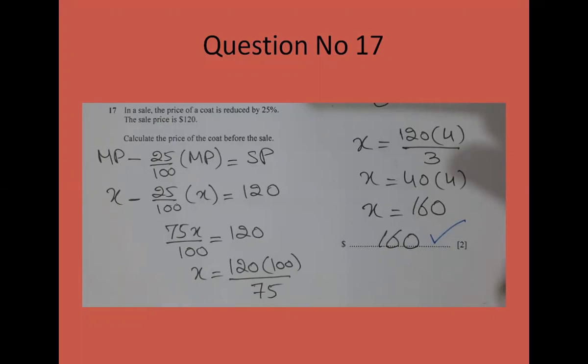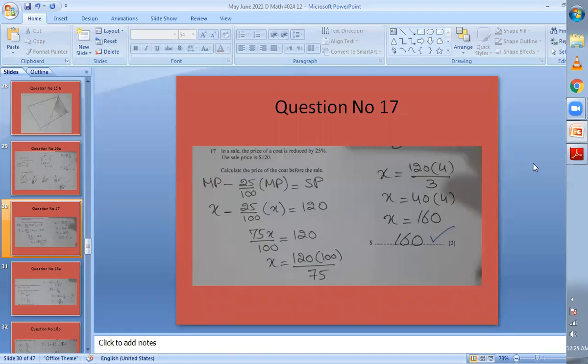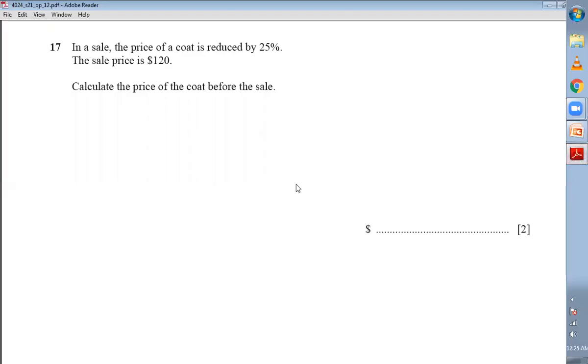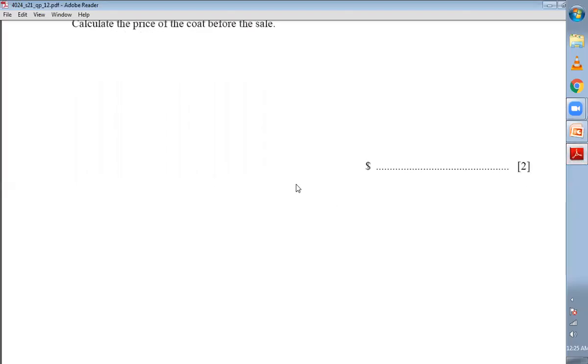So 75 can be cancelled with the 25, and we will have 4 by 3, 120 into 4 by 3. So you will have 40 into 4, and that will be 160. So 160 dollars will be the price of the coat before the sale. So that was question number 17. Hopefully you understand. Okay, so we are going to the next question.